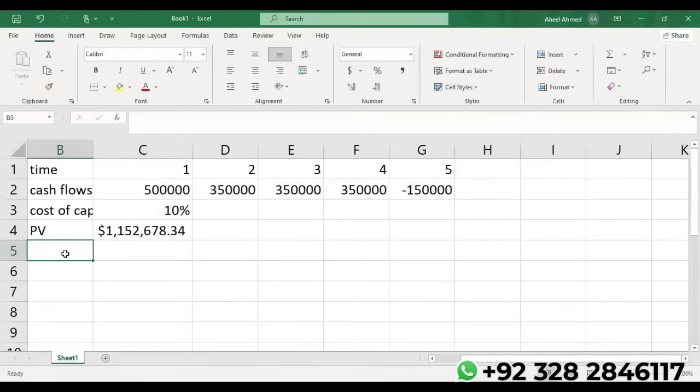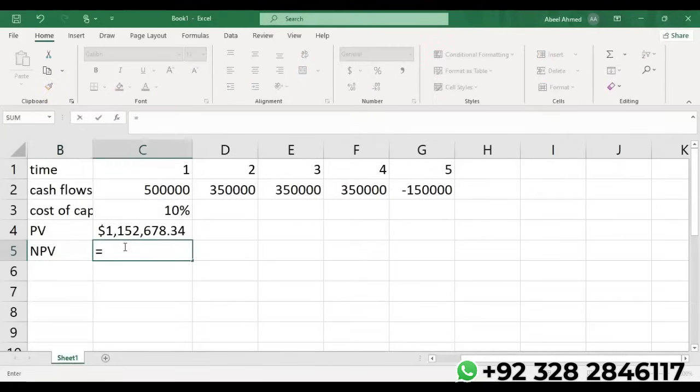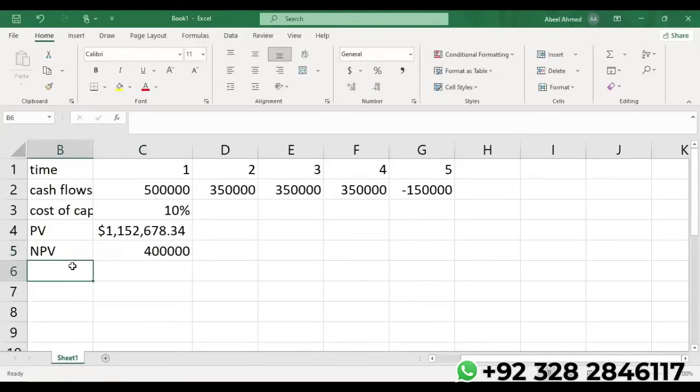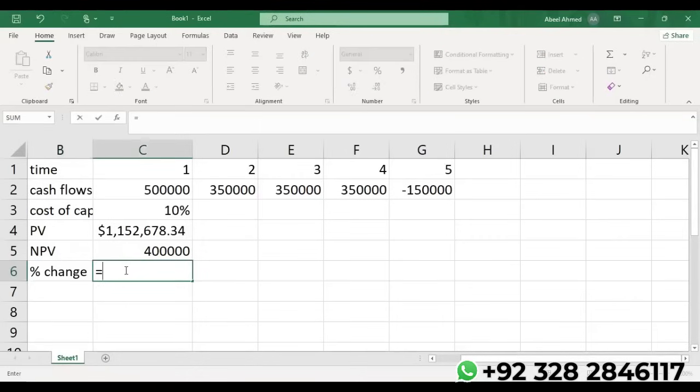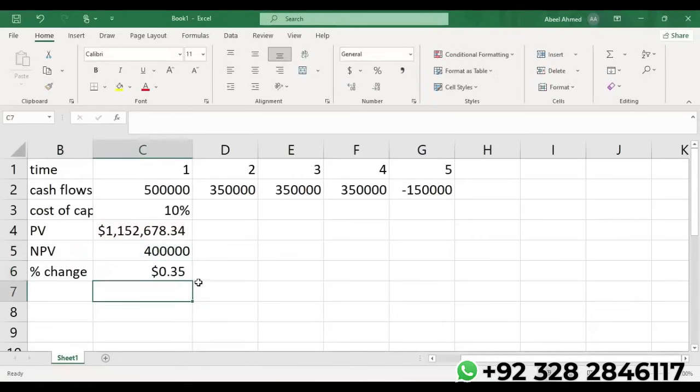NPV they have given us, if I'm not wrong, NPV was 4 lakh. Now let's calculate the percentage change. Student, we have to convert this into a percentage.